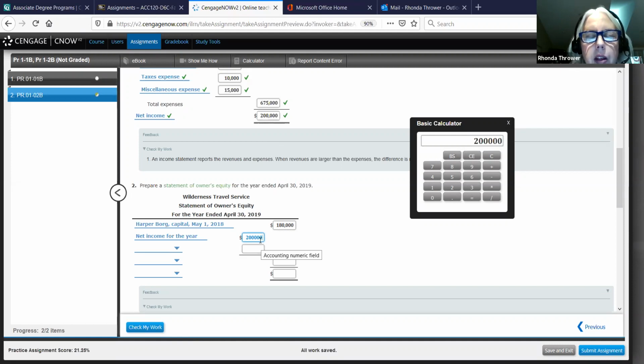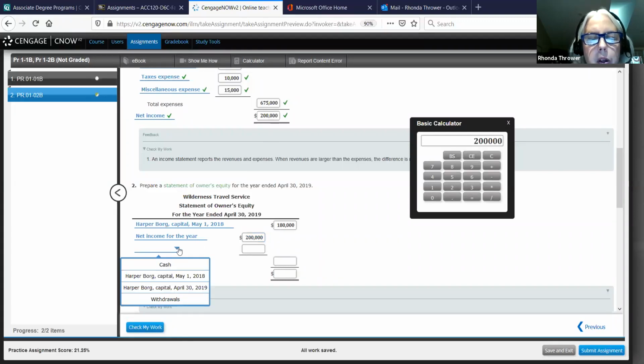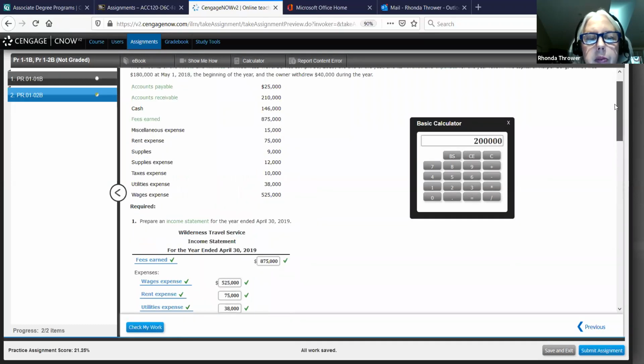The things that affect owner's equity are the owner's investments, your revenue and expenses, which we combine together here, and also our withdrawals. Our withdrawals would come next on the statement of owner's equity, and we have to look for our withdrawals.